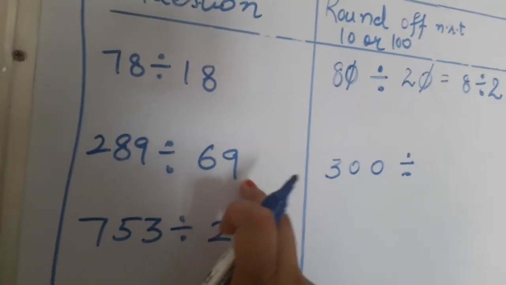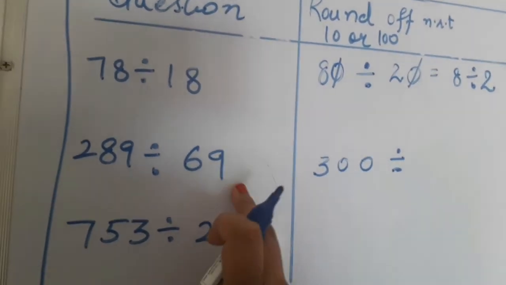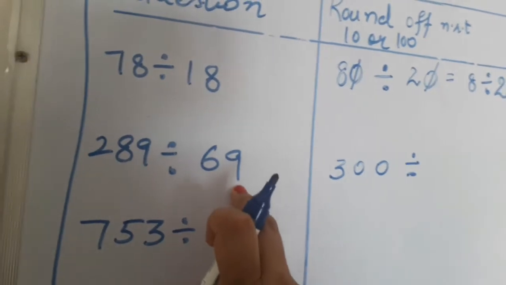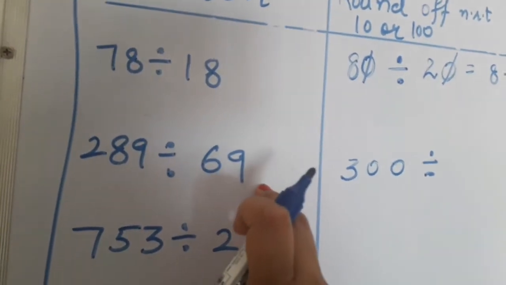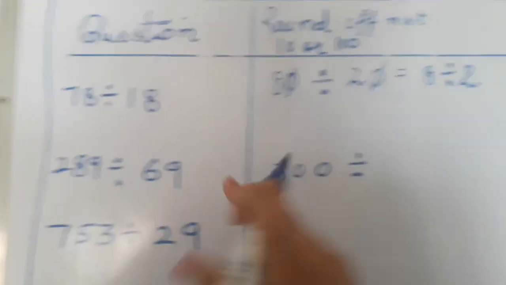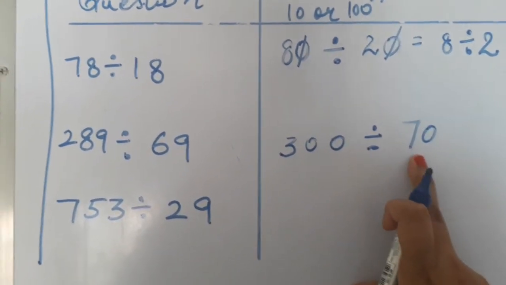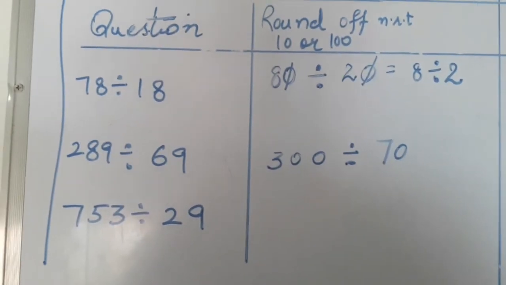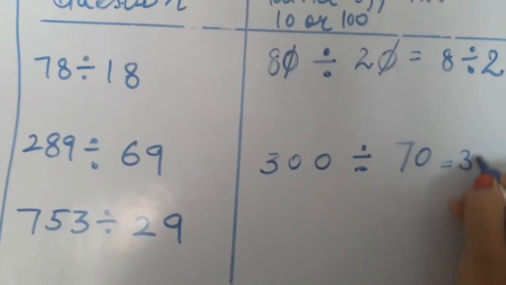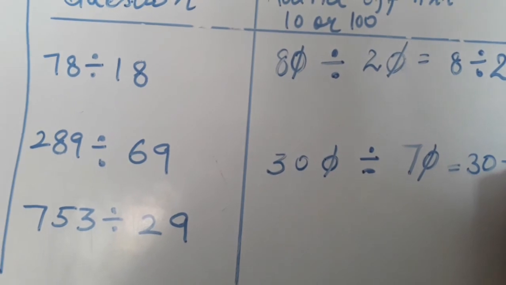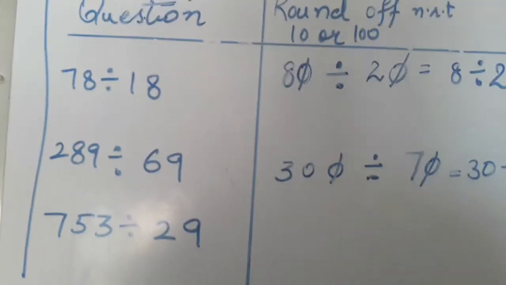For the tens place, rounding off nearest to 10, I will see the ones place. Ones place here is 9, which is again greater than 5. So I will put 0 at the ones place and add 1 to the tens place, and it becomes 30. After cutting the zeros, it becomes 30 divided by 7.